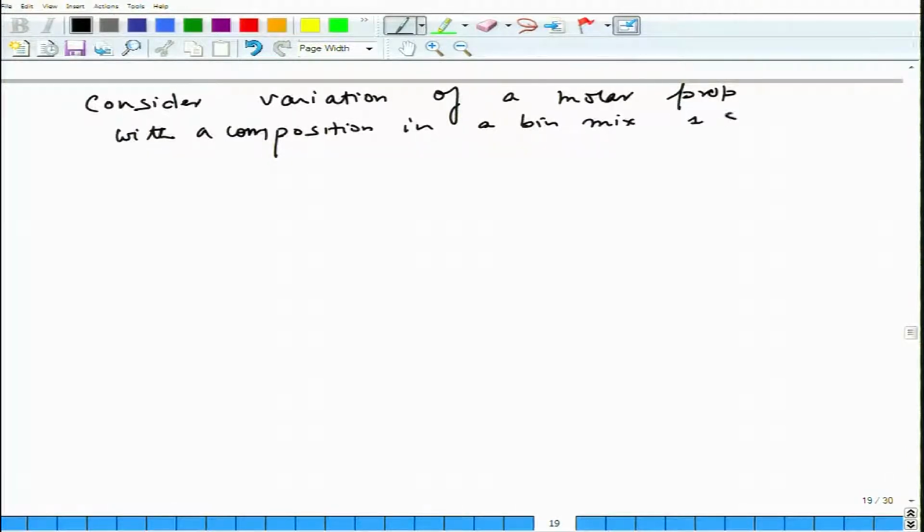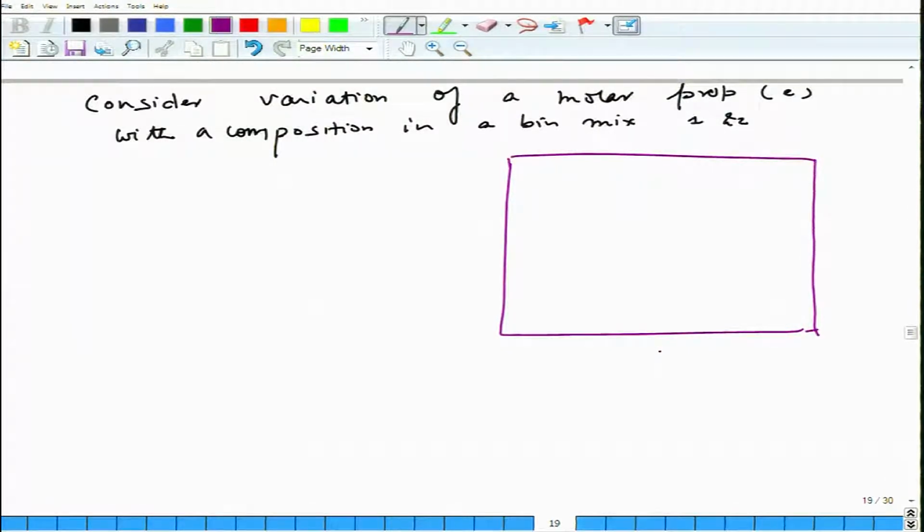Okay. Let us look at this property, which let us say E. So, you have a property, let us say molar property, which we are saying let us say E. Okay. And you have some data, let us say like this, as a function of x1. Okay.